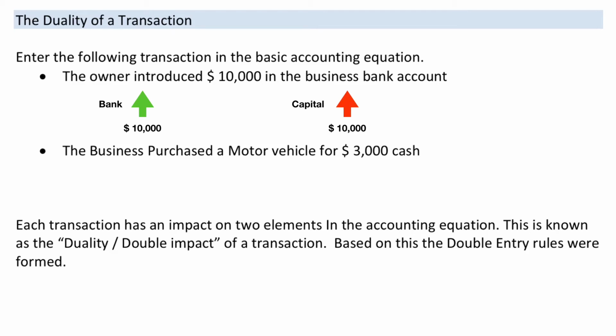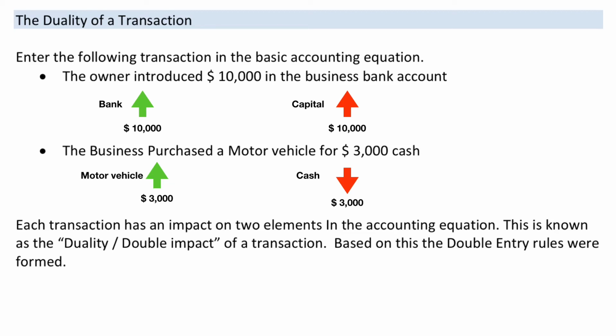On the second transaction, the business purchased a motor vehicle for $3,000 in cash. So when the business purchases a motor vehicle, you get a new asset, which is the motor vehicle. So motor vehicles will increase by 3,000 and your cash will decrease by 3,000 because you are paying from cash.